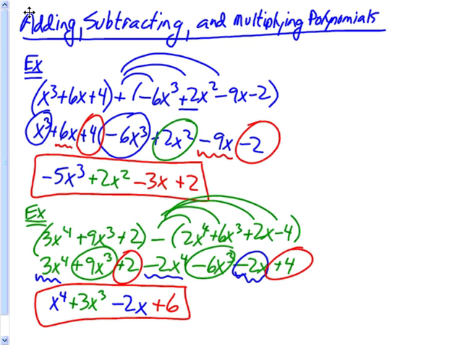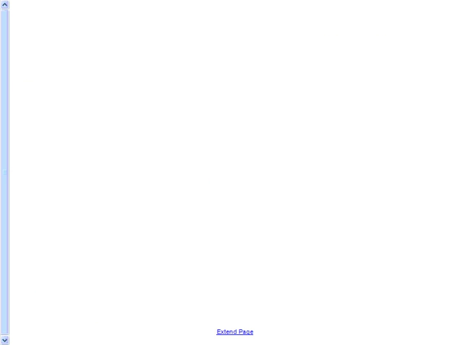Let's go ahead and multiply some polynomials horizontally now. Okay, so we got this, let's say we got x minus 2.